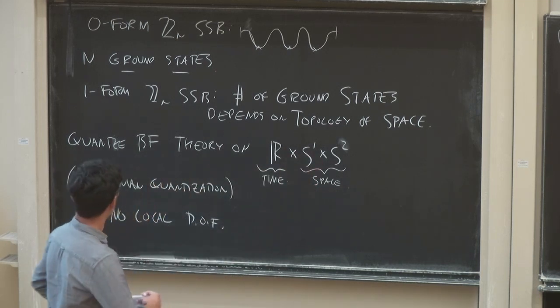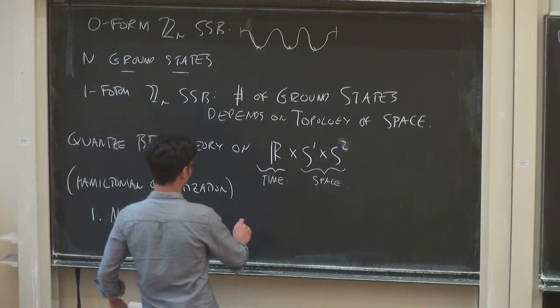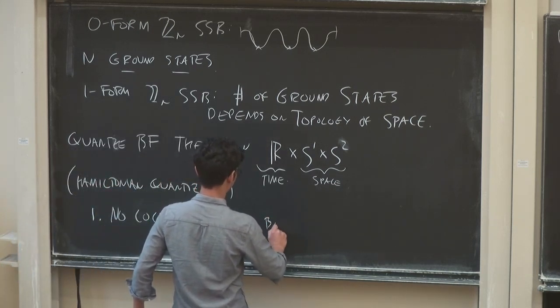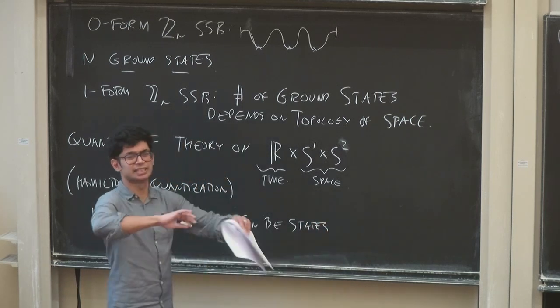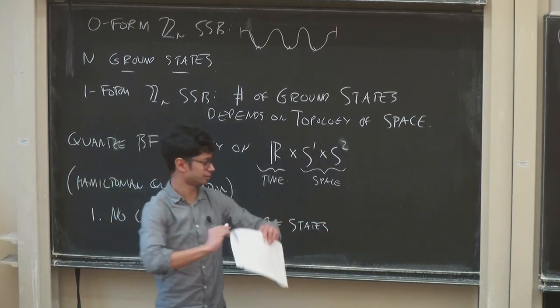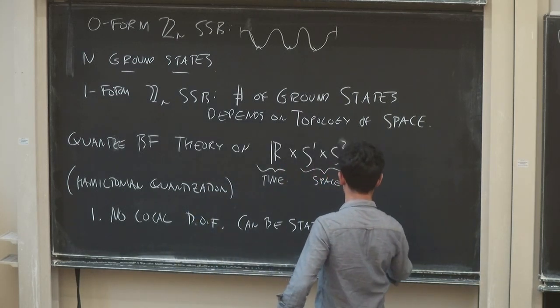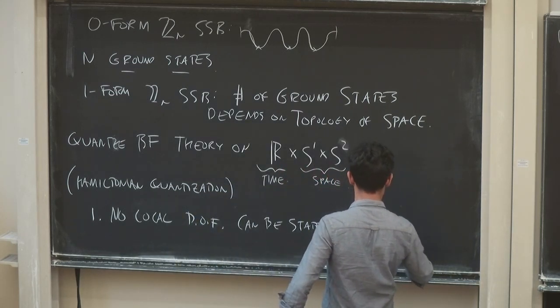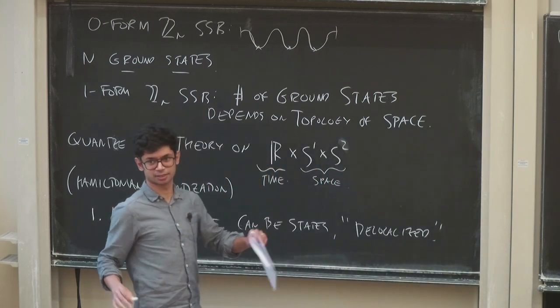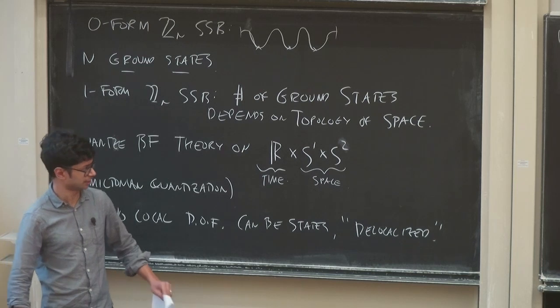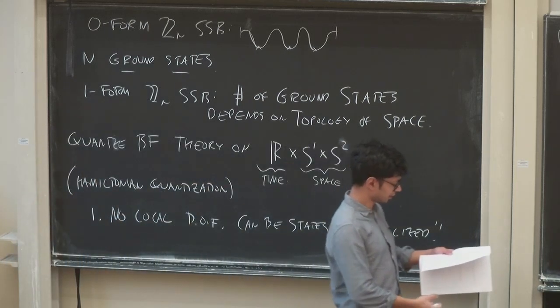However, there can still be some states, but they're not local. They're kind of delocalized over the full spatial manifold. Okay, they're delocalized in space. They're not like a Gaussian at the origin or something like that.